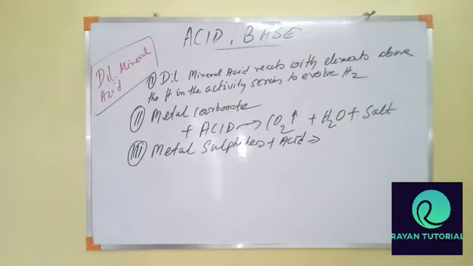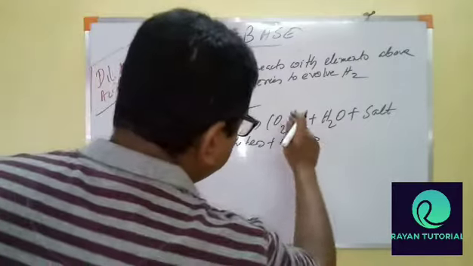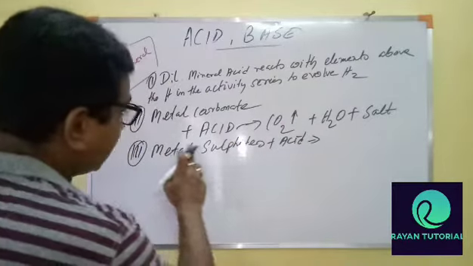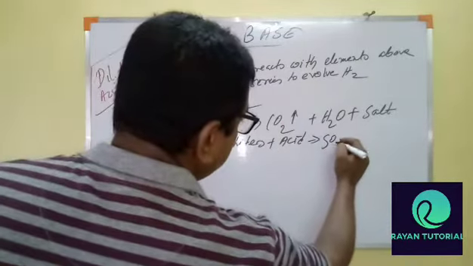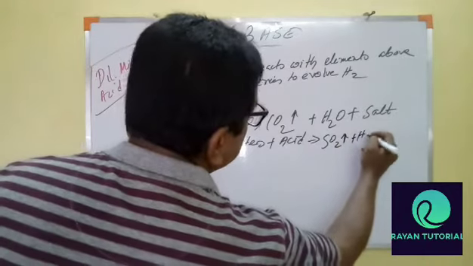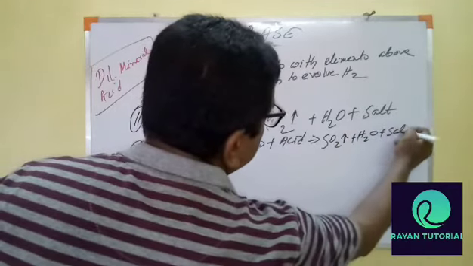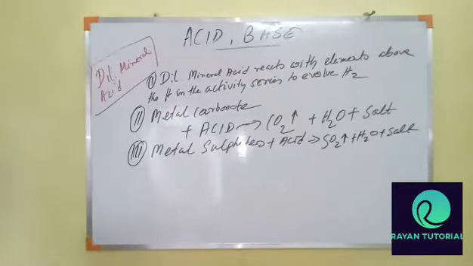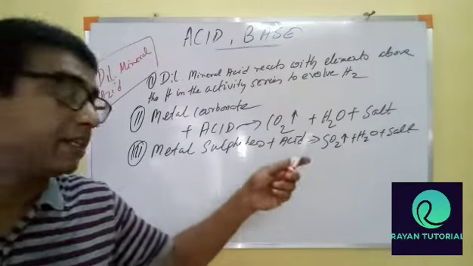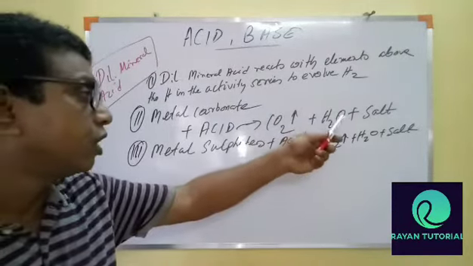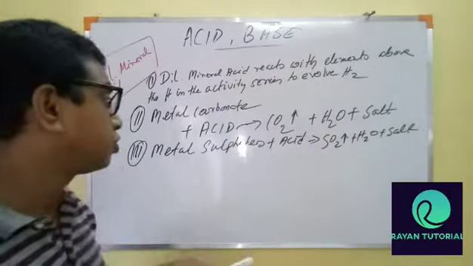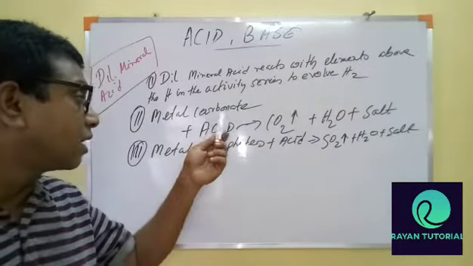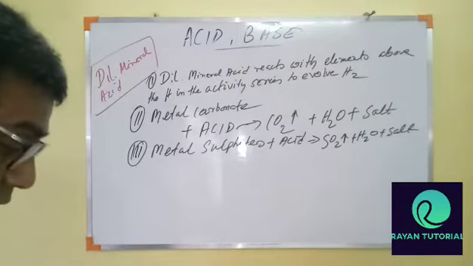Metal sulfides plus acid will give, here they give CO2, here with sulfide, SO2, plus water plus salt. Clear? See the similarities: CO2, SO2, H2O, H2O, salt. Why is there a difference? Carbonate, sulfides.